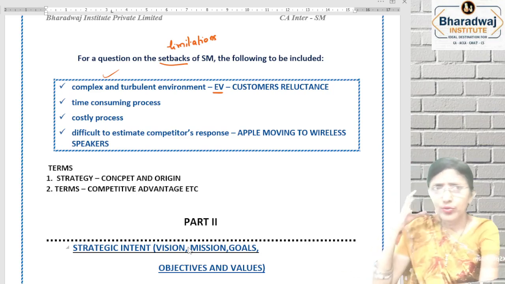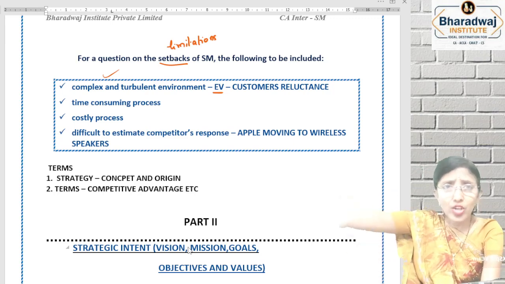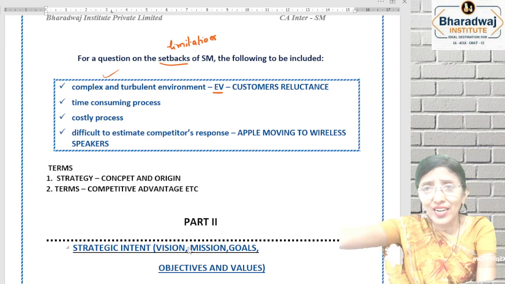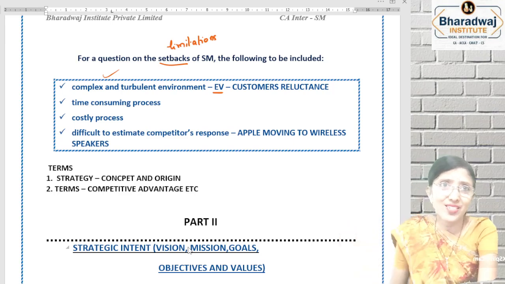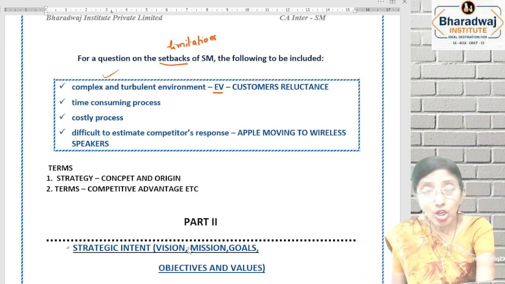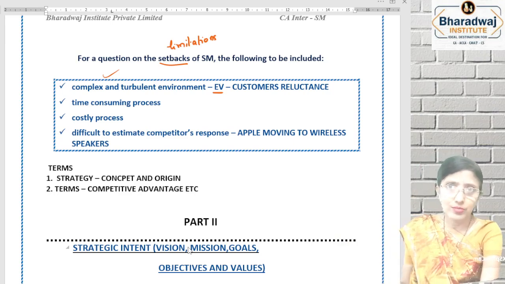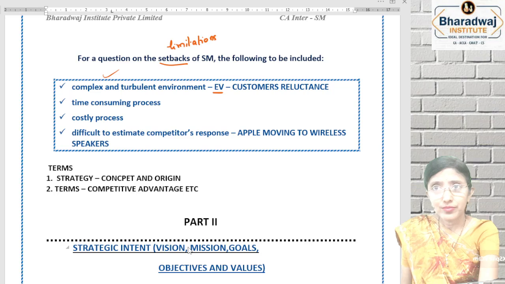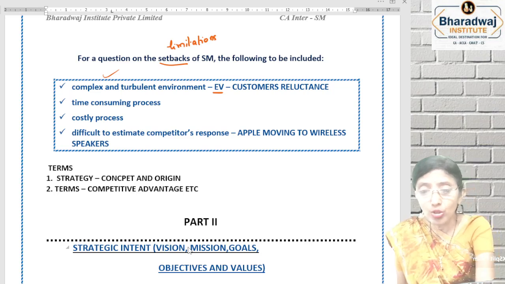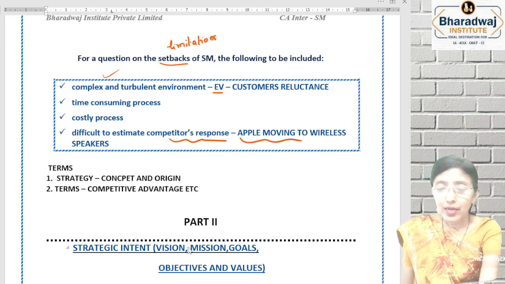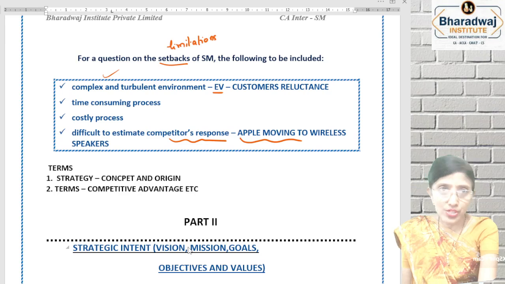You really have to think a lot about a competitor's financial position, technical competence and managerial competence. Can you understand? Costly, very expensive. Marketing is expensive, right? And it is difficult to imitate a competitor's response. That's what we're saying. Have you all known that Apple was the first concern to go into wireless speakers?